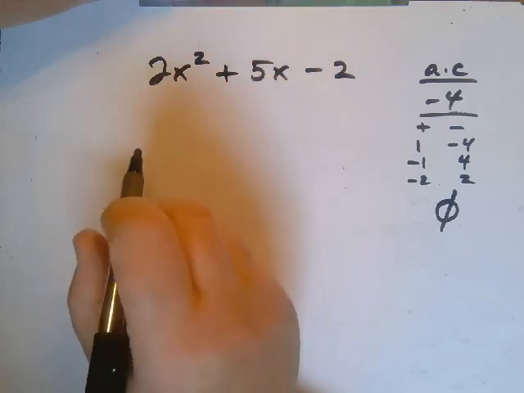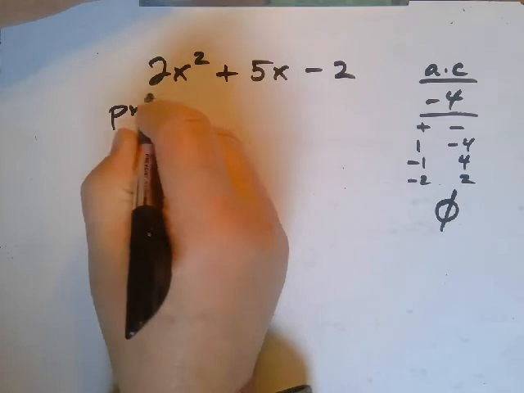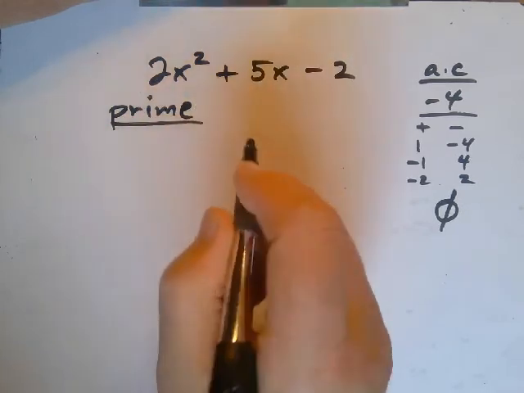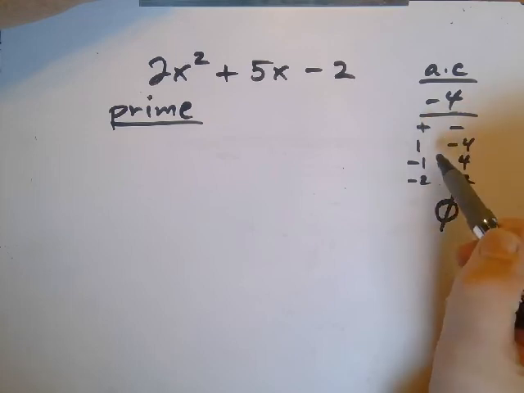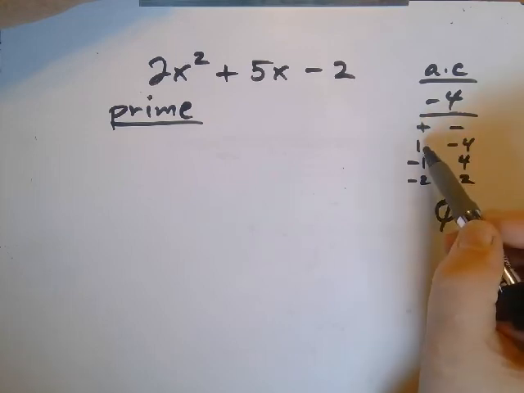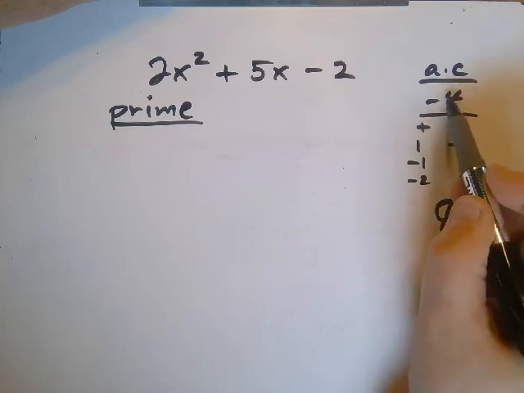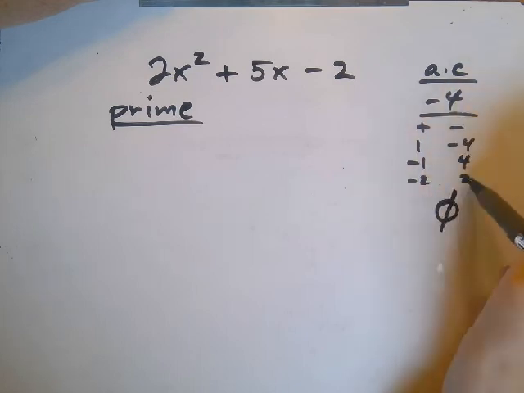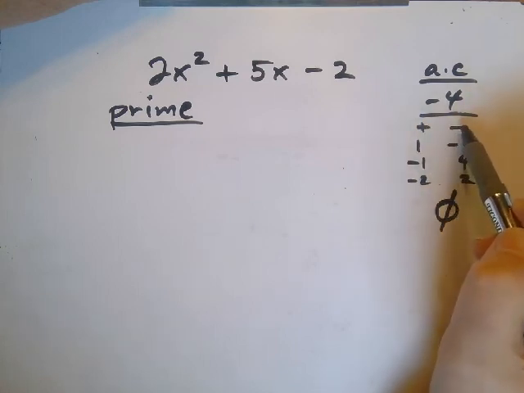And when something is not factorable, we just call it prime. Or you could just say not factorable. Now, if you didn't know that these signs were plus and minus, you might have added these two together and got 5. But remember, those signs have to be different here in order to get a negative. So be real careful when you put the signs down here that you got the right signs you're looking for.